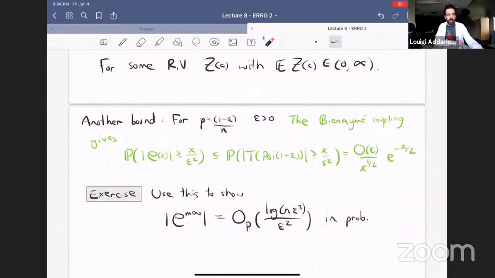So if there are no questions about that, then now I'd like to state the theorem that will occupy the rest of this lecture and probably the following one as well.